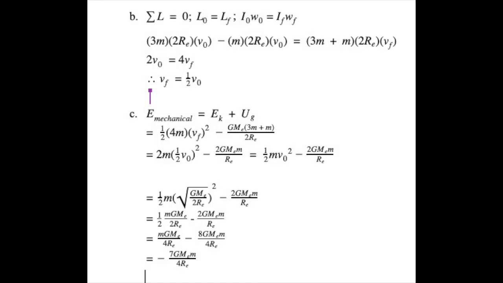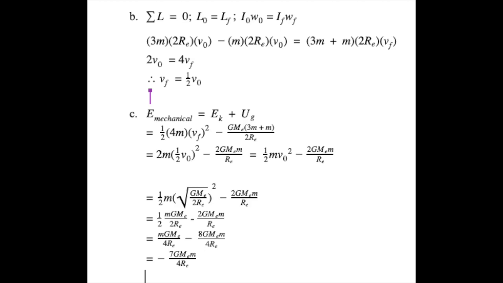So in part 4C, we're asked to find the total mechanical energy of the system after the collision. So the mechanical energy is found as the sum of the kinetic and the potential energy. Potential energy in this case refers to the gravitational potential energy, and kinetic energy will be found as 1/2 mv squared.